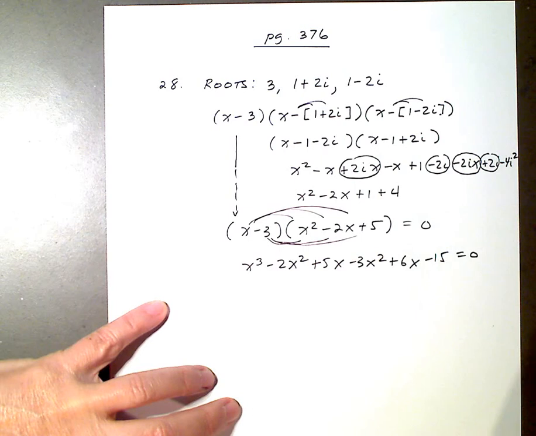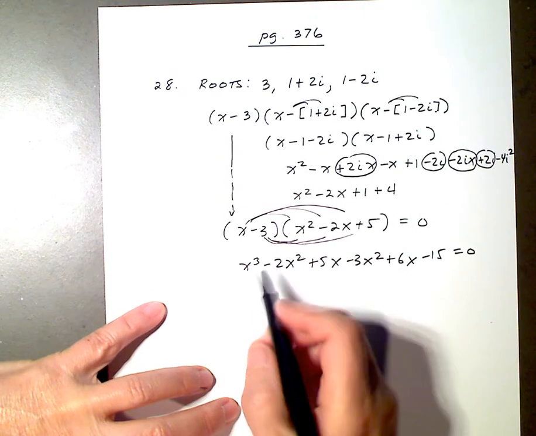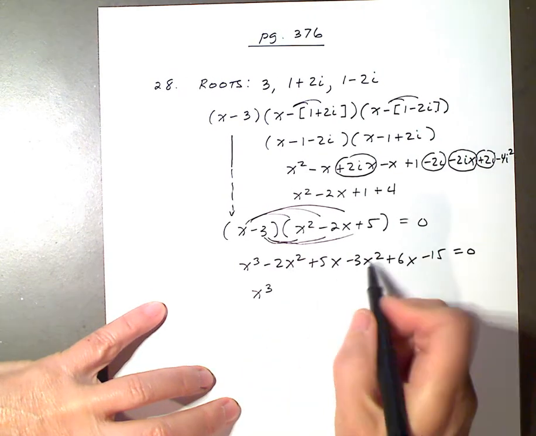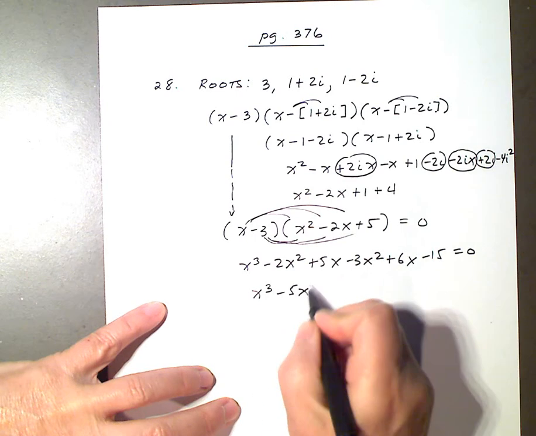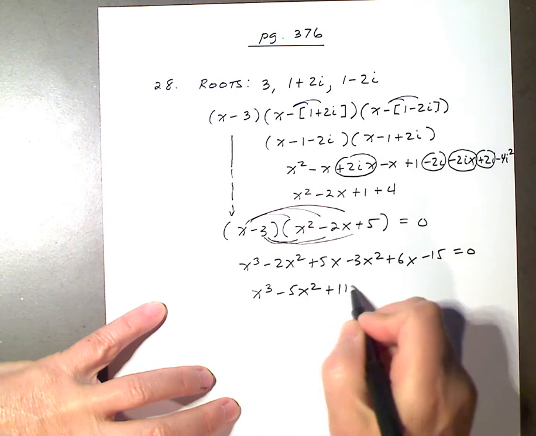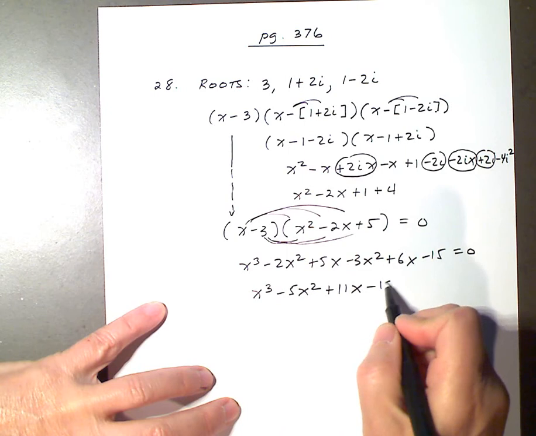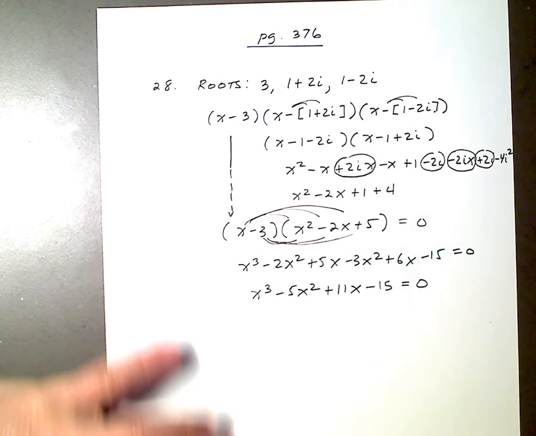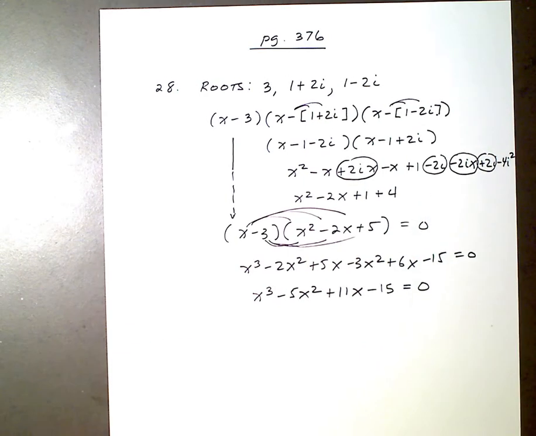So simplifying, x to the third minus 2x squared minus 3x squared is a minus 5x squared plus 11x minus 15 is 0. So that's the equation right there.